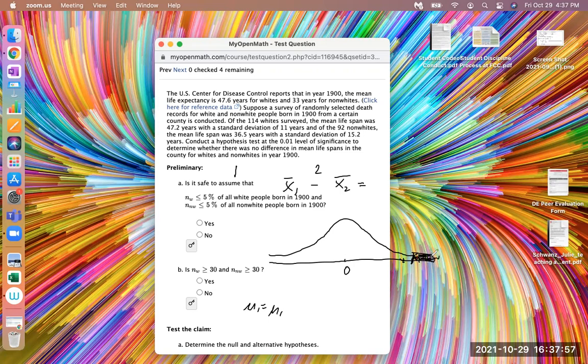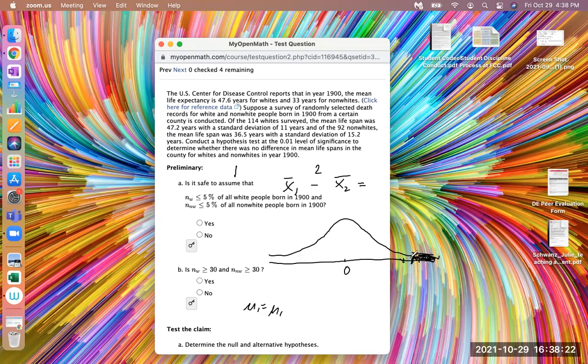And then we say, hey, it's really unlikely to get a difference like that unless they came from two populations with two different means. So then we reject the null hypothesis that the means are the same, and we say there is sufficient evidence to say that the means are different.